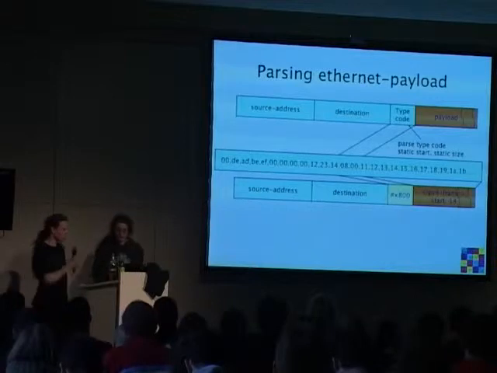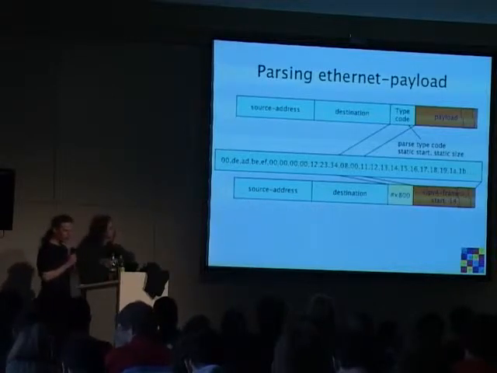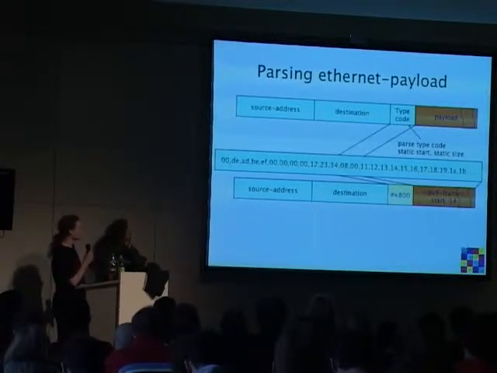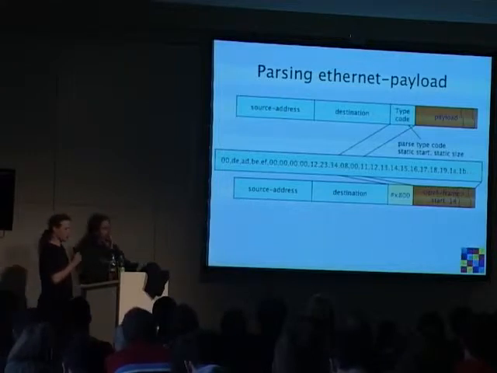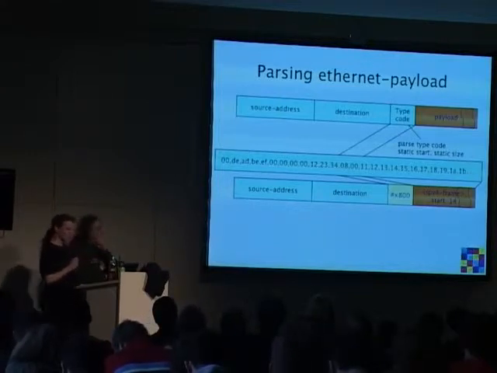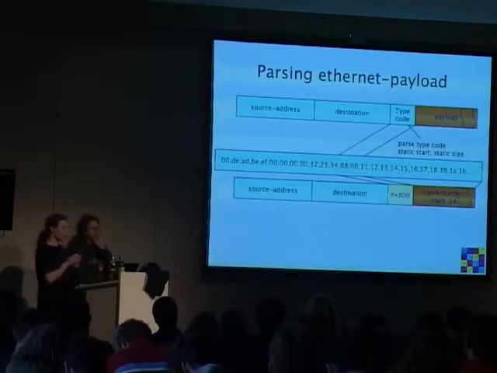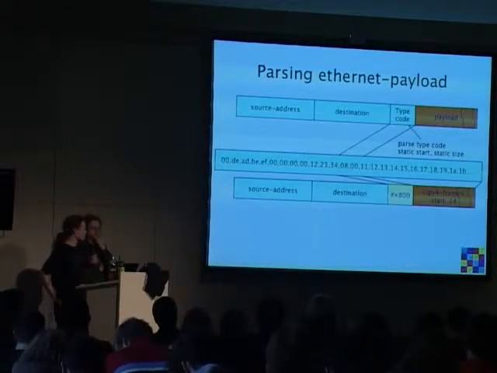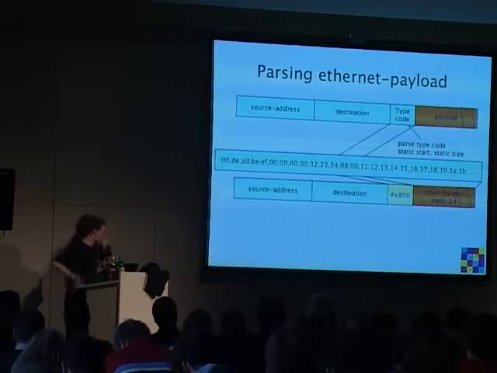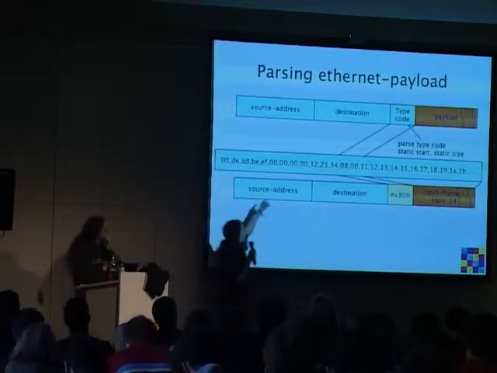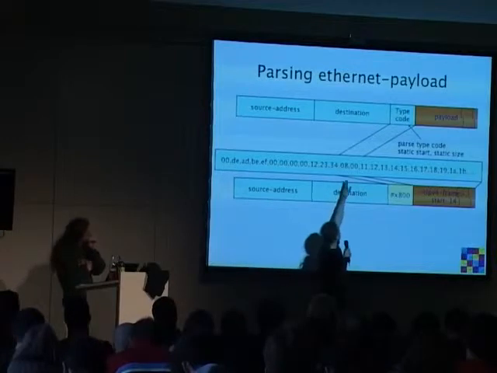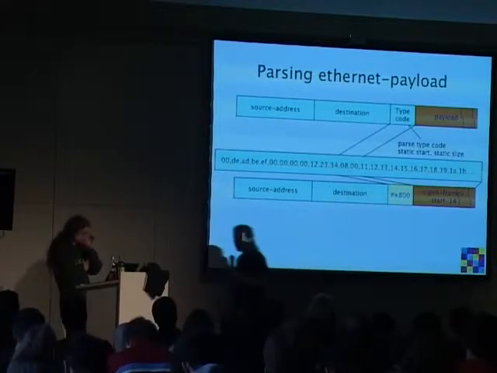Yeah, now to our parsing algorithm. To parse the payload of an Ethernet frame, it's quite easy. You first have to look at what the value of the type code is. In this byte vector, it would be 0x800.